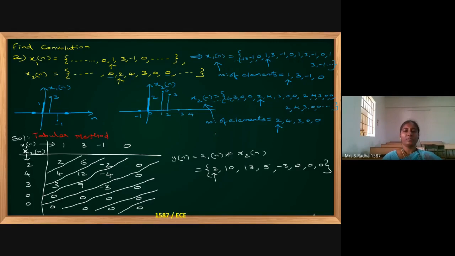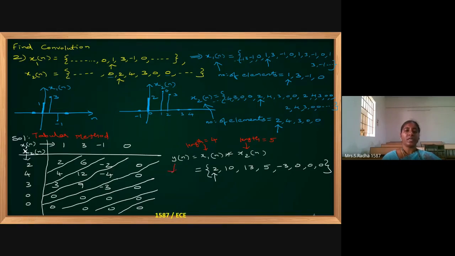If you see the length of the first sequence, how many elements are there? 4 elements. Here we have done 1 3 minus 1 0, and the length of the second sequence, 5 elements are there.